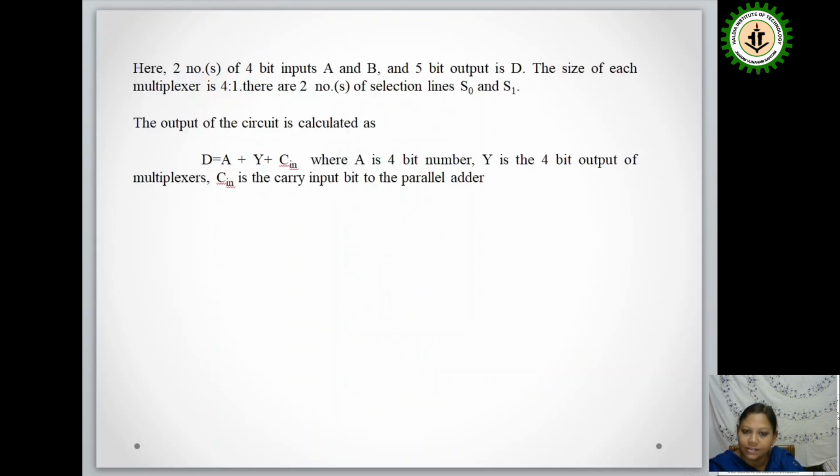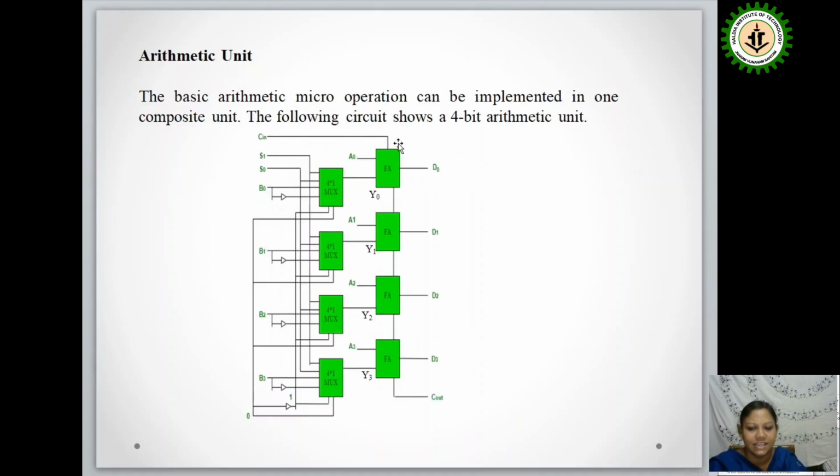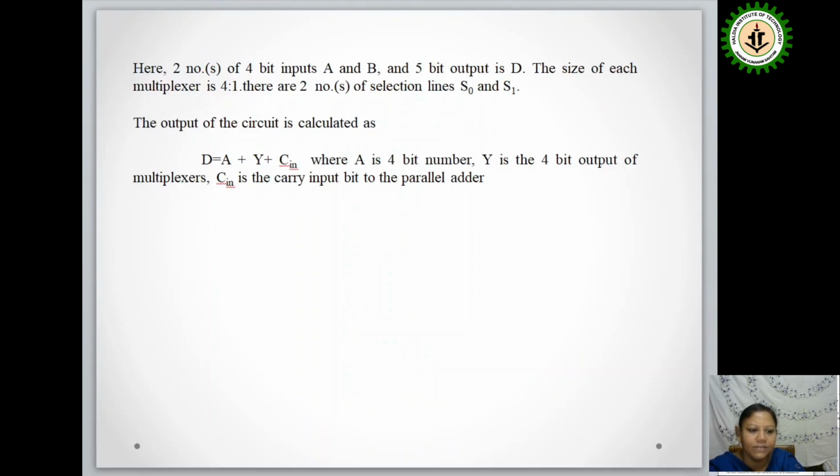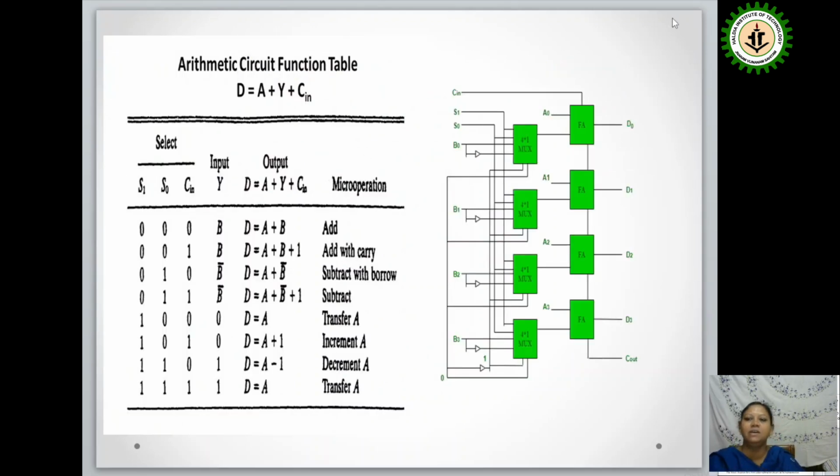Now how does it execute? The circuit is calculated based on this formula: D equals A plus Y plus C in. Here A is the normal 4-bit input, Y is the output from the multiplexer, and C in is the carry input bit to the parallel adder. Based on these 3 inputs, the final output D is calculated. Now this is the function table for the circuit.